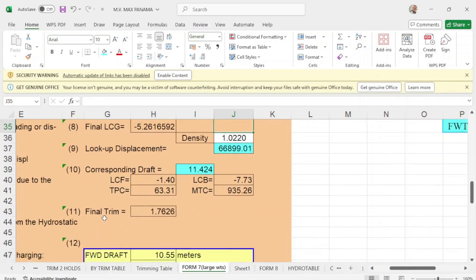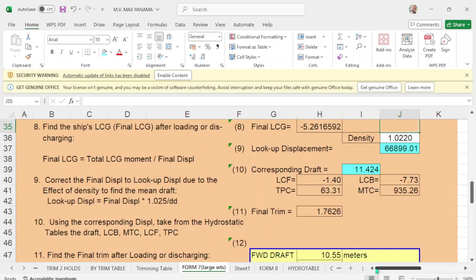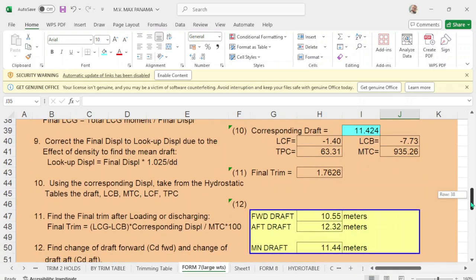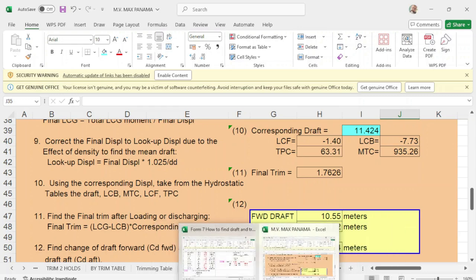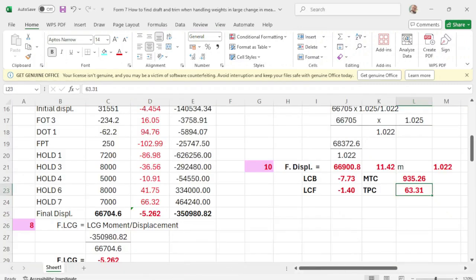Number 11, final trim. What is the formula for final trim? Trim equals LCG minus LCB times displacement over MTC times 100. That will be 11.